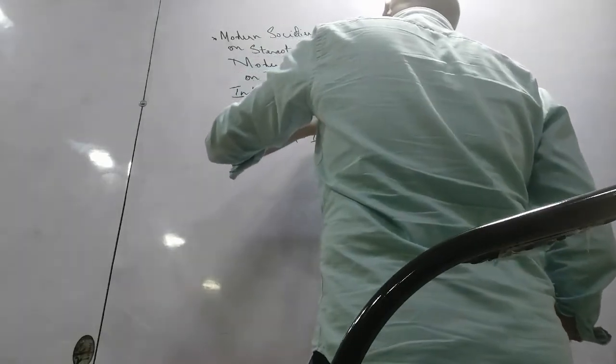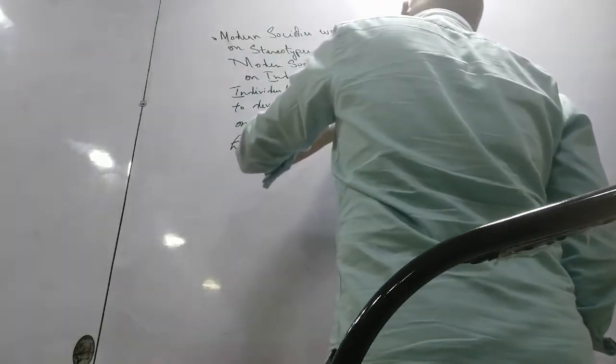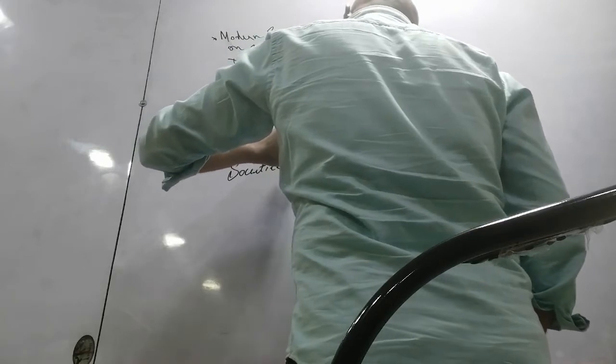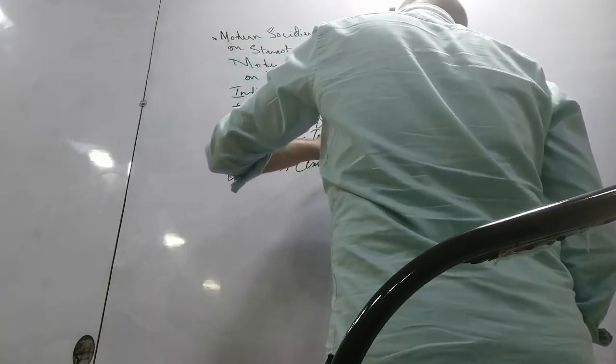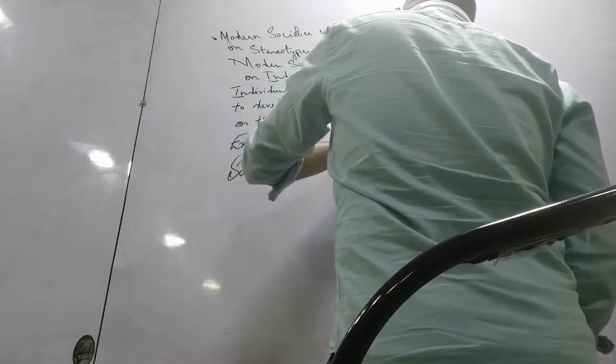Again, in post-modern societies, class identities are blurring. Class identities are blurring.